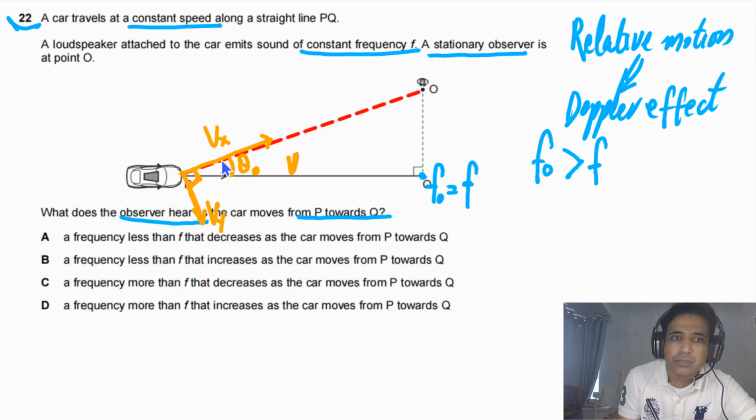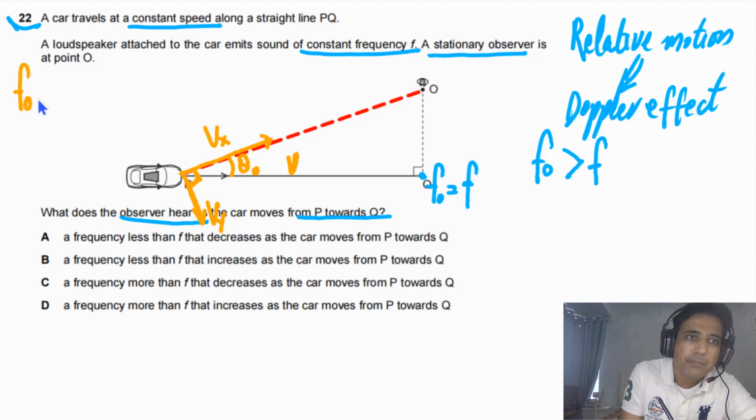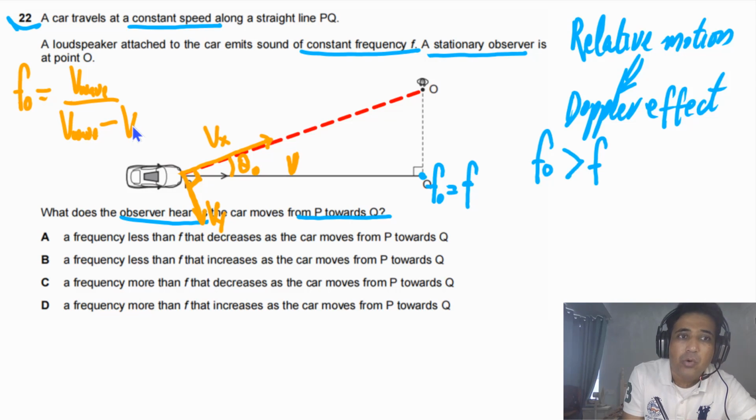In this case, due to Vx, there is relative motion between source and observer, so we can write down the Doppler effect formula. F observed has to be equal to the speed of the wave divided by the speed of the wave minus the component of the speed of the source that causes relative motion, which is Vx.